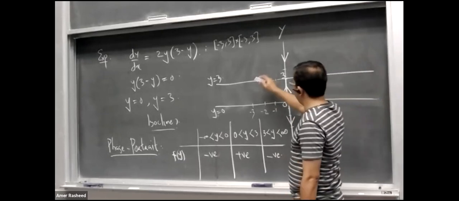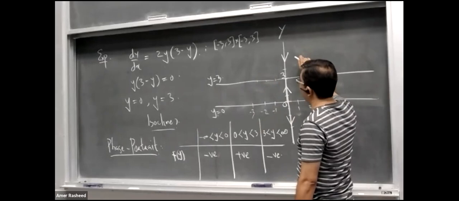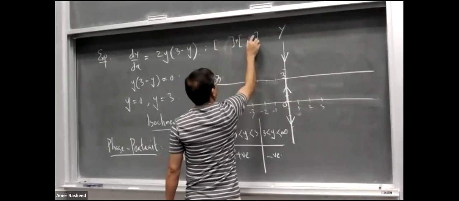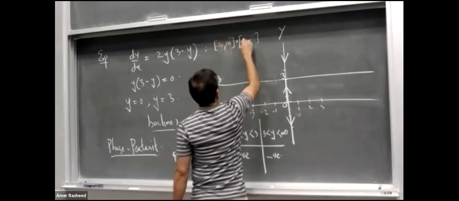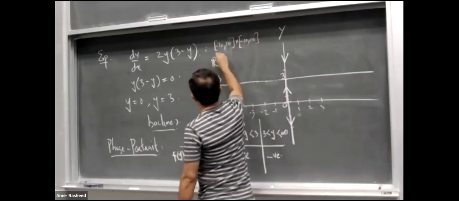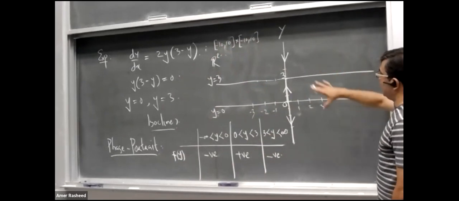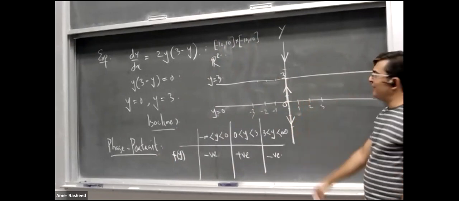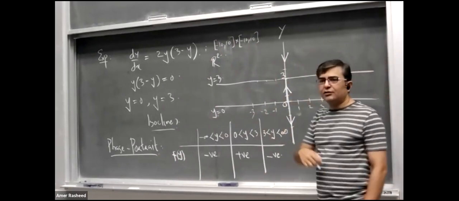Okay, in order to see the solution here, you have to take it bigger. Here you can take -10 to 10, or whatever. You just take R square, maybe. Now you divide the given domain into a rectangular grid, and then you plot the lineal elements, and then you can draw the solution curves.